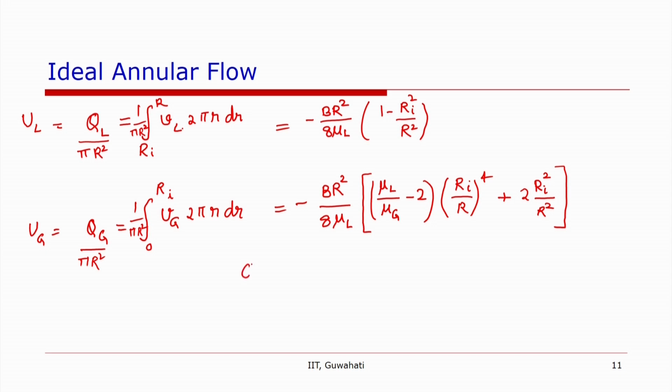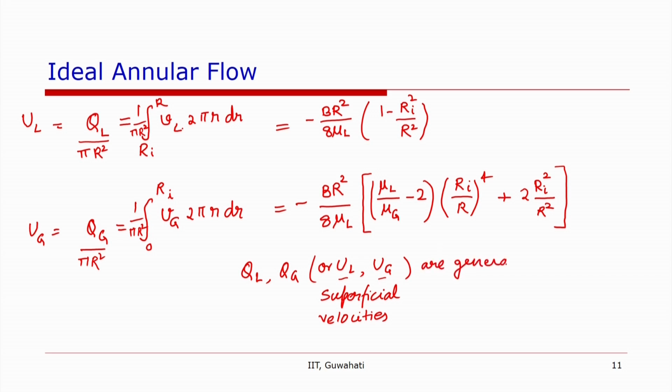so generally what we have are QL and QG, or UL, UG, these are the superficial velocities. So you can just note that UL, UG are superficial velocities, which are generally known for a flow.